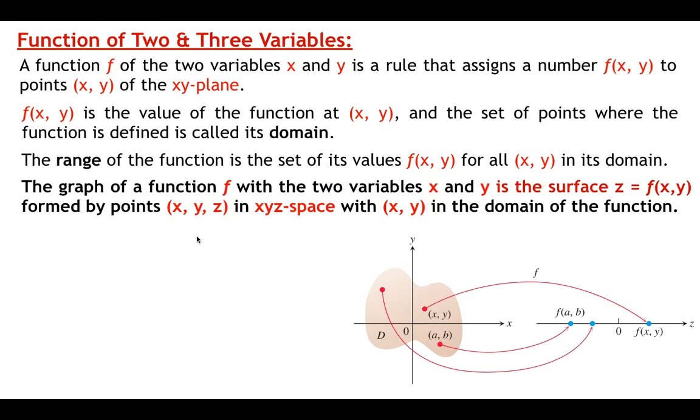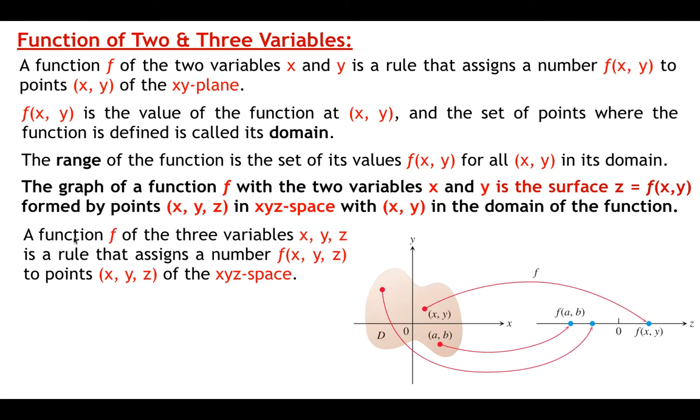Similarly, we can extend it to three variables: a function f of three variables x, y, z is a rule that assigns a number f(x, y, z) to points (x, y, z) of xyz space. In one variable the input was on a line. In two variables the input was on the xy plane, and in three variables the input points are points of this space.